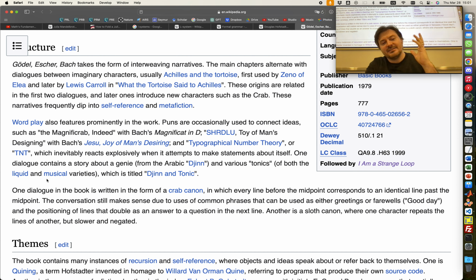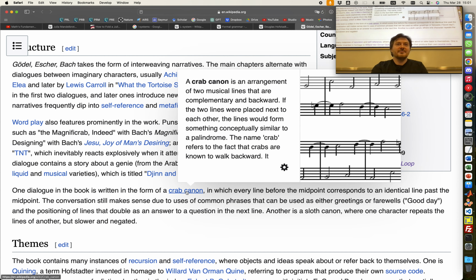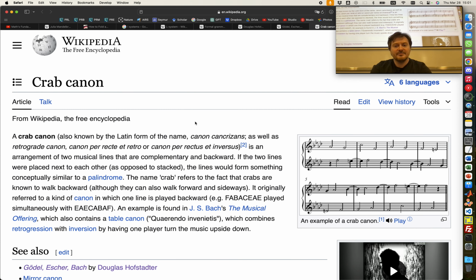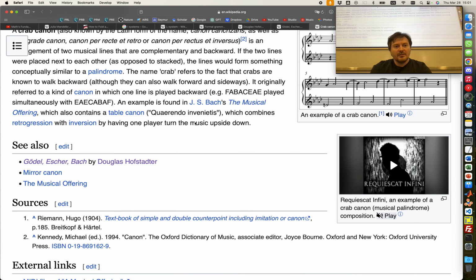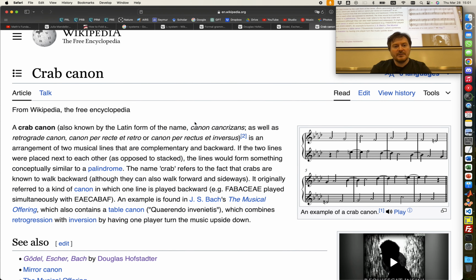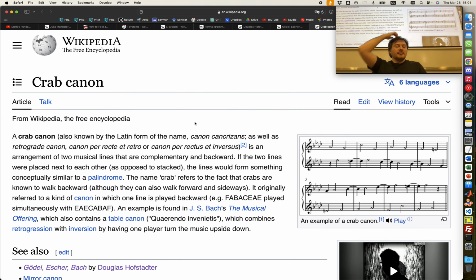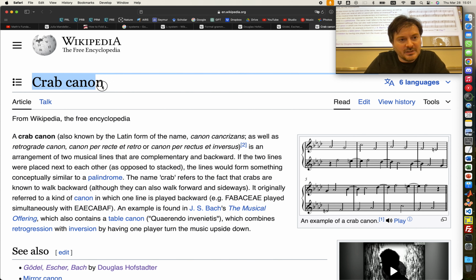So, do you know crab canon, for example? Have you heard of it? In Bach's time, there were these musical puzzles. Okay, I don't have a nice picture here.